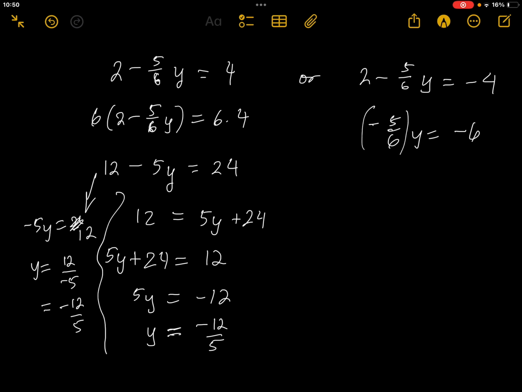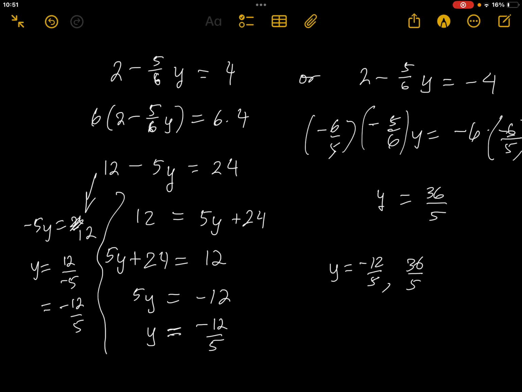Well, that's the same as multiplying both sides by negative 6 fifths. So on the left, the fractions will multiply to 1, so you get y equals negative 6 times negative 6 fifths, that's 36 fifths. So the answer is negative 12 fifths, 36 fifths.